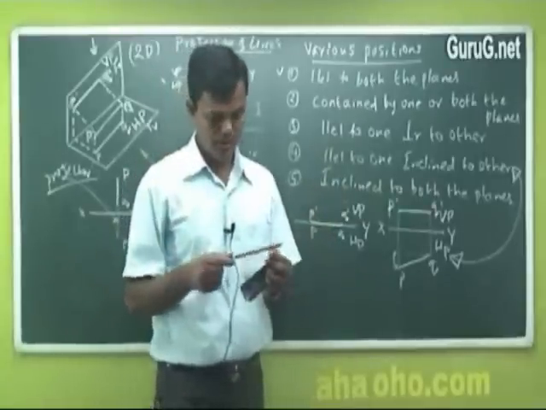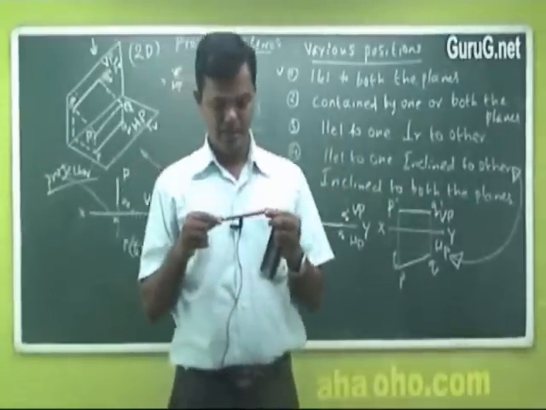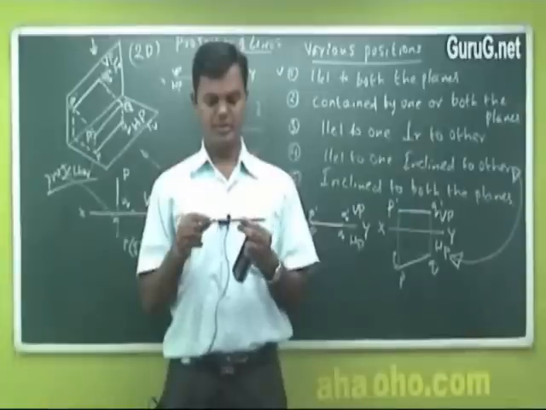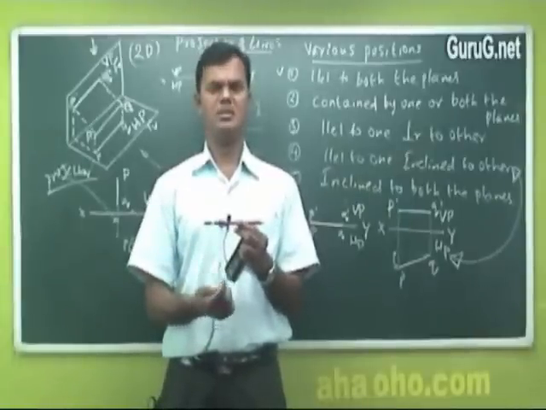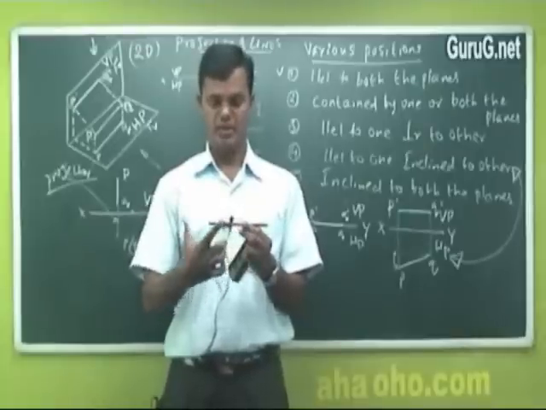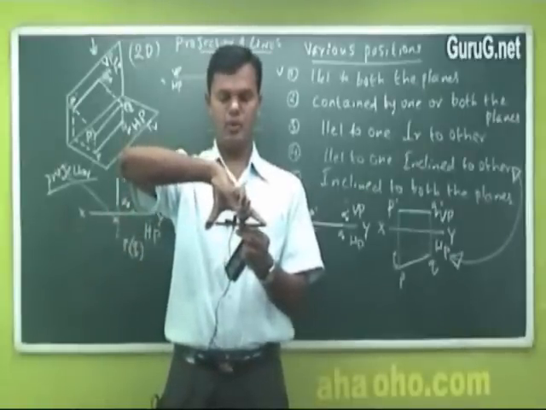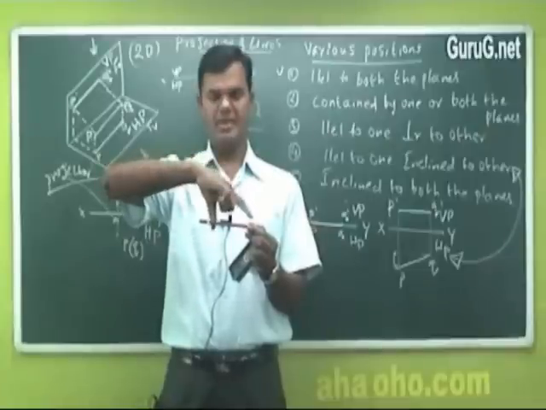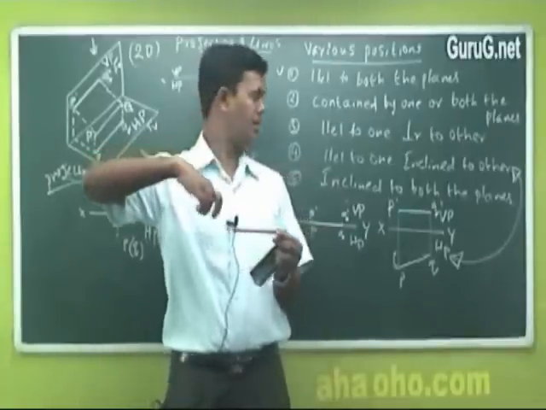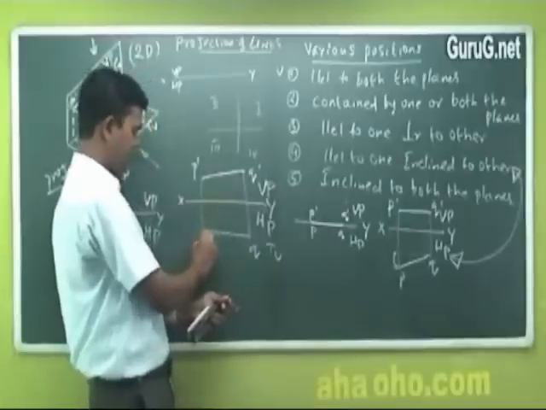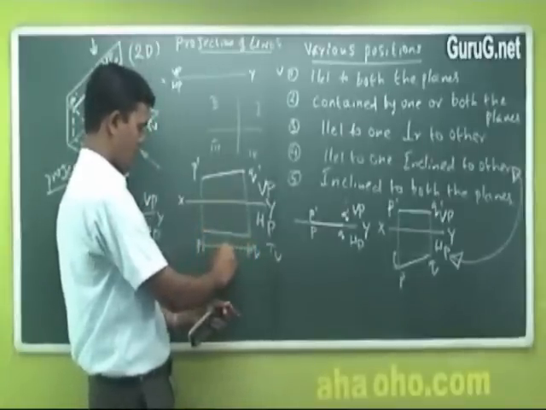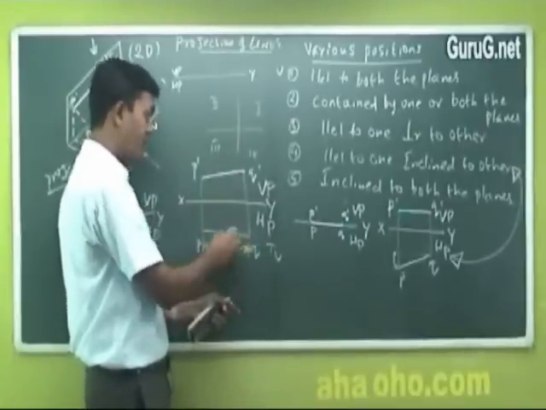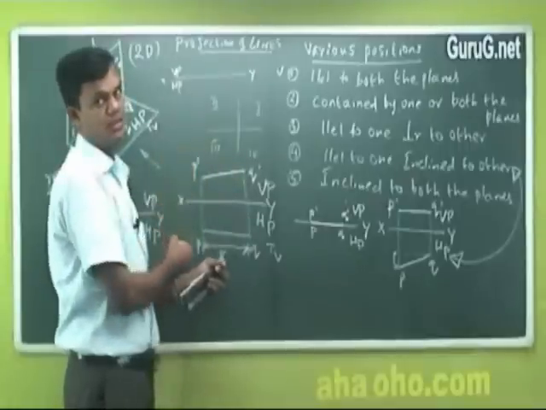Kindly note, when a line is parallel, say suppose this is 15 centimeters, half a scale, 15 centimeters. When I rotate it, when I make it inclined, this 15 centimeters when it is straight cannot be 15 centimeters in the inclined position.